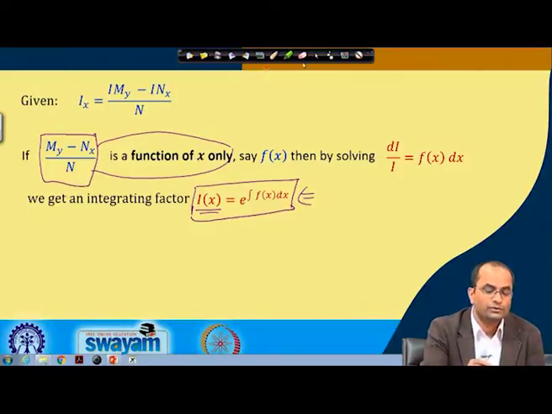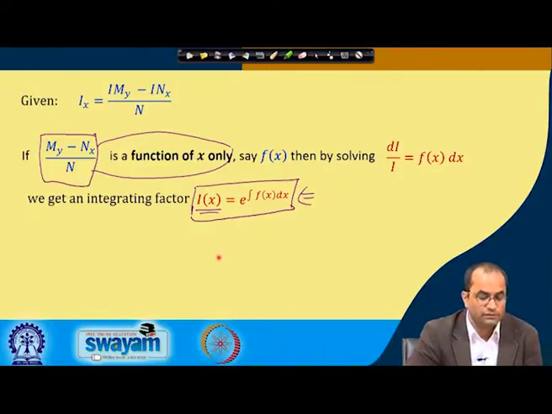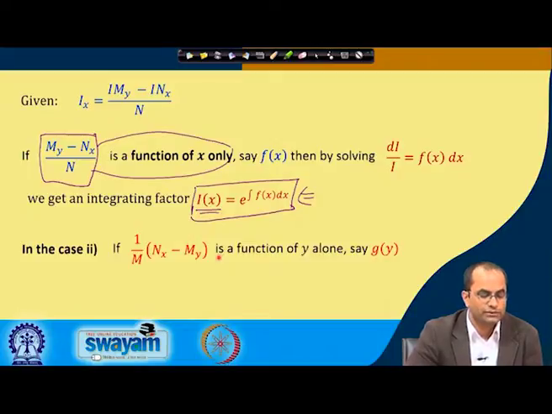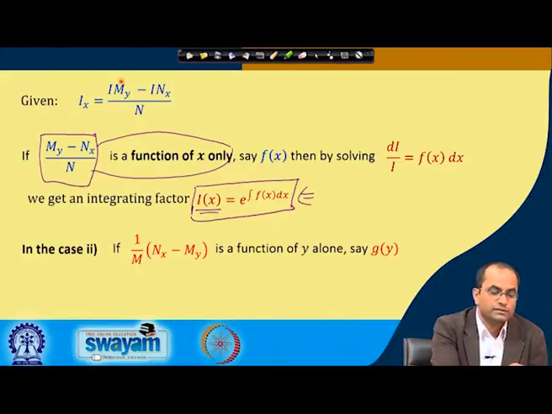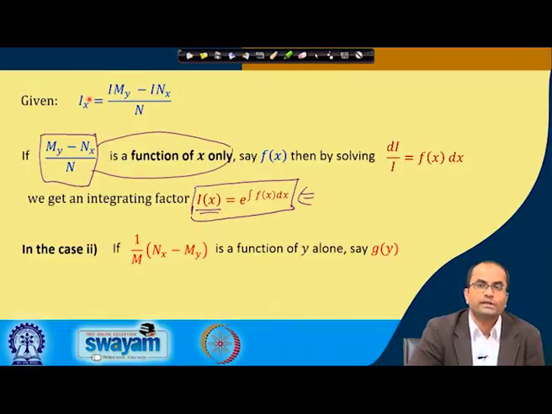Now, the other case we can also deal with, which we have just stated before, in case 2, when we assume that the integrating factor I is a function of y alone. In that case again such a differential equation will be formed, and for the consistency of this differential equation we get the condition that 1 over M, (N_x minus M_y), is a function of y alone.